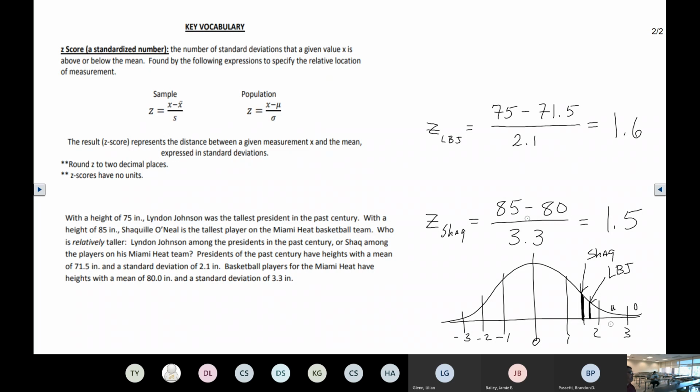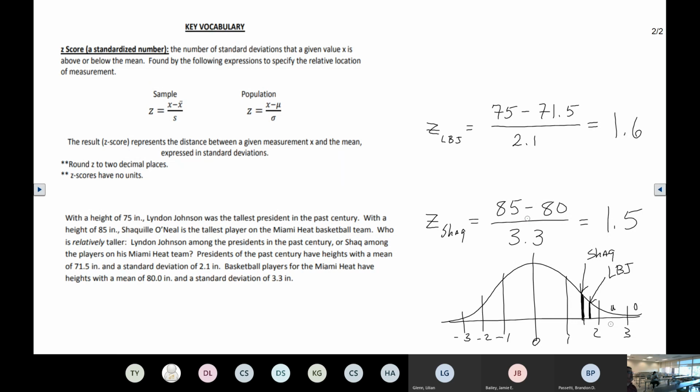So most of the people that go into basketball for a living are usually tall. So that's why Shaq is not relatively taller, because he is a little fish in a big pond. And LBJ is a big fish in a little pond. And that's what relatively means. And that's how you do z-scores.